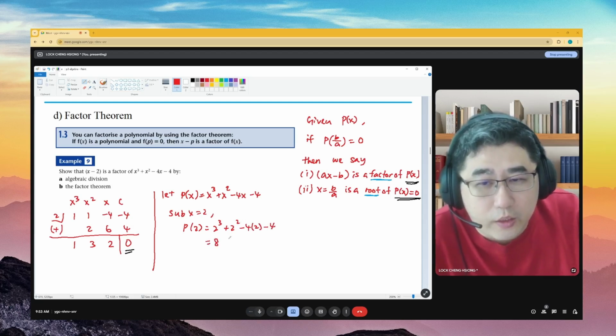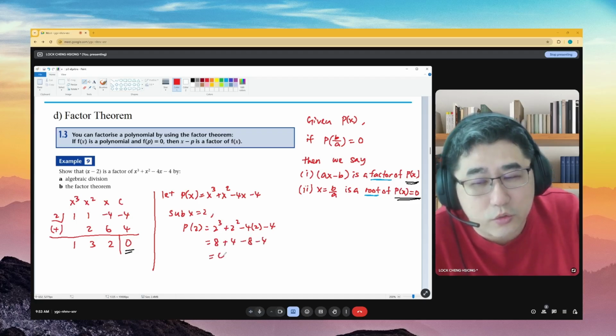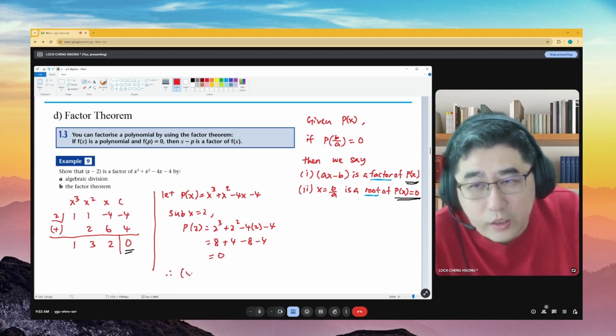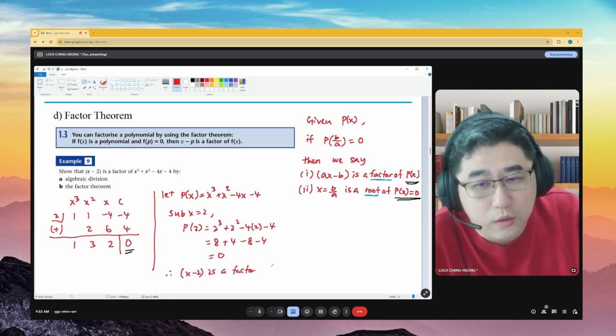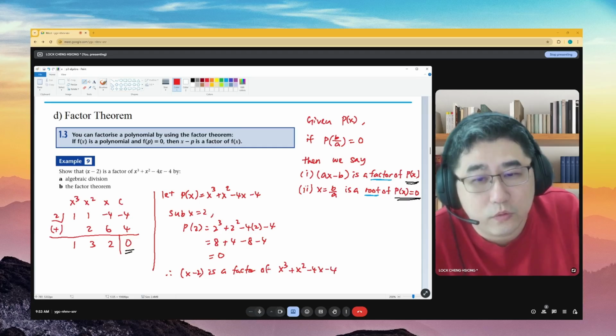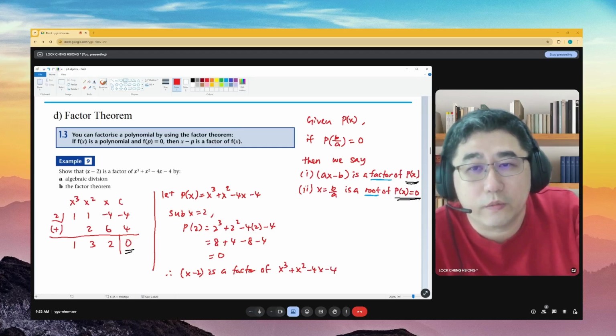Open it up: 8 plus 4 minus 8 minus 4 equals 0. After this line, you're supposed to write your conclusion. So hence, x minus 2 is a factor of x cubed plus x squared minus 4x minus 4. This is how you do the writing.